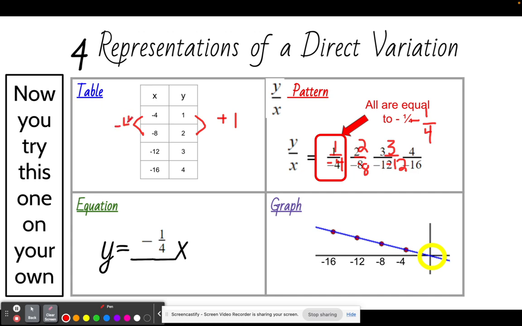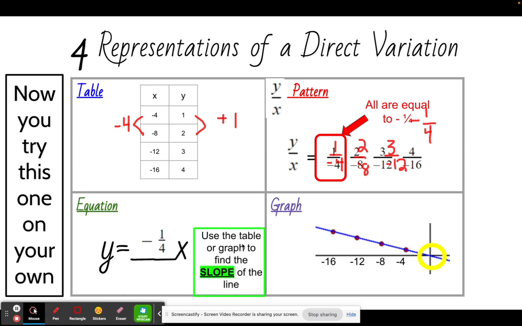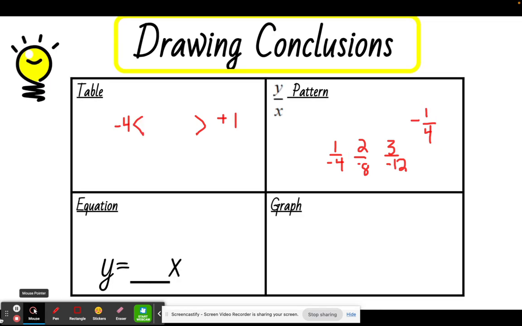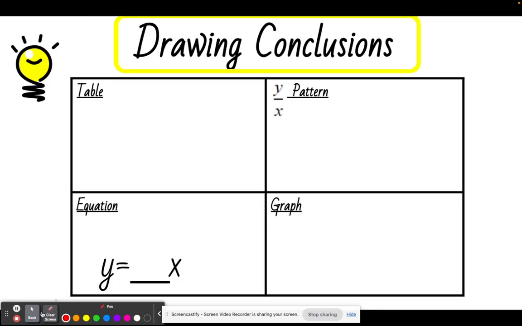So 1 over negative 4, which is the same as negative 1/4. You can use a table or a graph to find the slope. This one's a little harder to use a graph, I would say. I did not clear my screen.